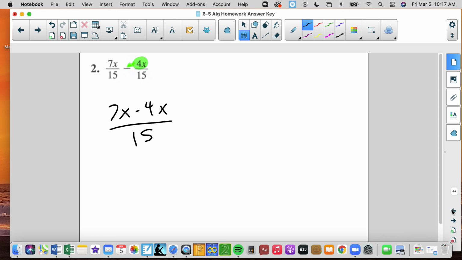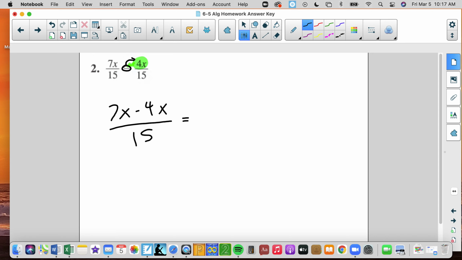So with this problem, I put it in the numerator because if I put it down into the denominator, that would make negative 15. This would be positive 15, this would be negative 15, and we wouldn't be able to combine the numerators. So that's why that negative goes up to the 4x, because that keeps our denominators the same.